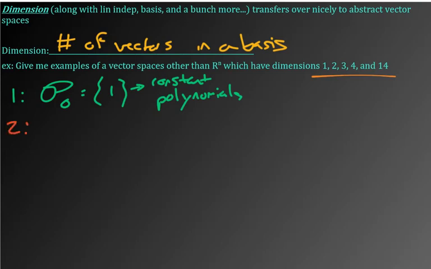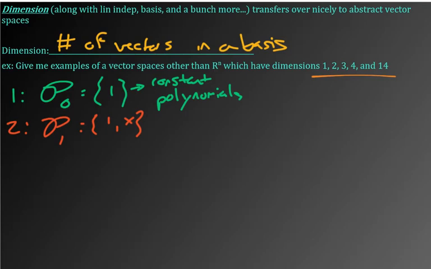For 2, we'll do one more polynomial one just to make the connection more clear. If I do P1, you could take 1 and x there, right? I think after this I'm going to stay away from polynomial ones because it's kind of boring, but that would have dimension 2.